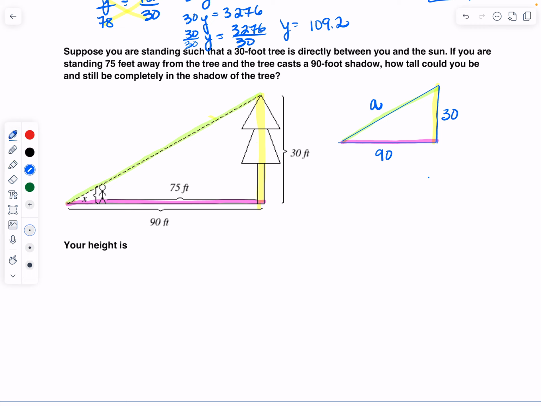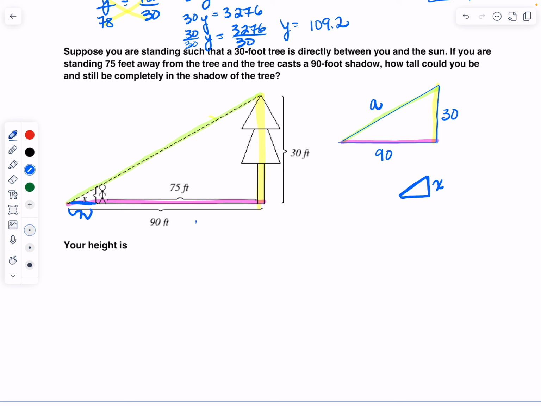Okay, so the smaller triangle, let's look at that, the little guy. So the height of this person is what I'm looking for. So I'm going to let that be world famous X. The base of that triangle, I'm looking for the length right here.